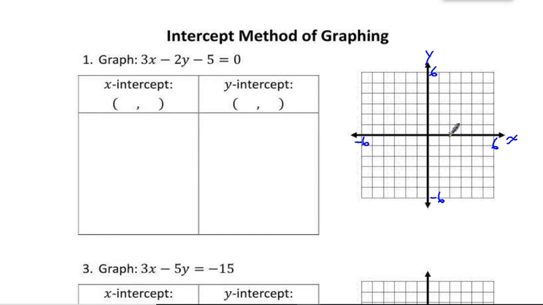So the ordered pair, or the point that the line will cross this x-axis, is going to have a y value of 0. And it will have an actual number for x when we're looking at an x-intercept. Similarly, the y-intercept will be along the y-axis, and so we're not moving left to a negative x value or right to a positive x value.